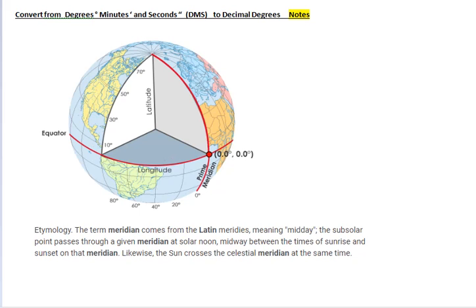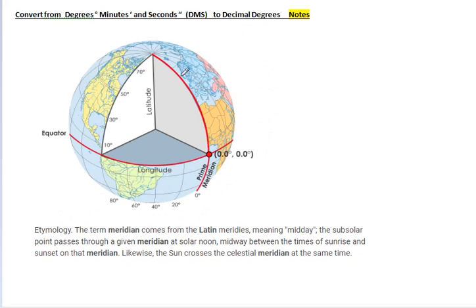Each of these degrees, the globe is split up into degrees, but each degree is then split up into minutes and also seconds, unless you're going to do it with decimals, which is what we were working with.